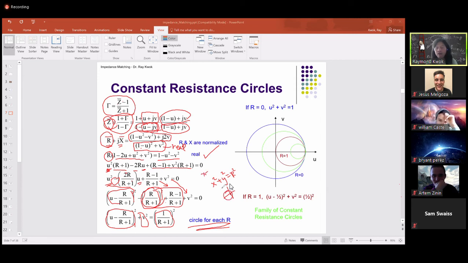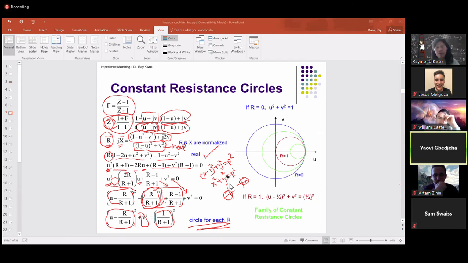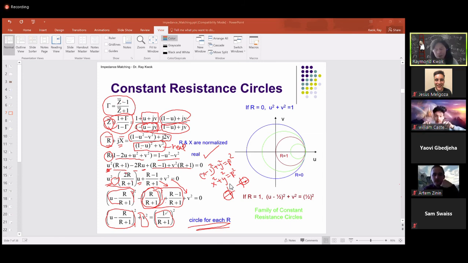If you don't remember, go back and look at it. Take my word for it. So that means now my variables are not x and y. My variables are u and v. So this is like my first variable, second variable. This is a circle equation.